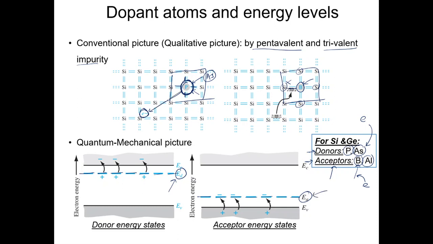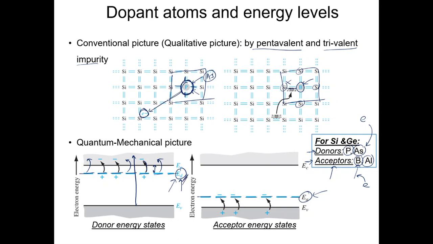Now if the temperature is high enough, or in other words, if the total energy across the system is higher than the gap between the conduction band and the donor energy state introduced, then all these electrons will move to the conduction band. Like earlier, because of thermal excitation, the electrons from the valence band move to the conduction band. In this case, all these electrons which were present in the donor state will move to the conduction band.